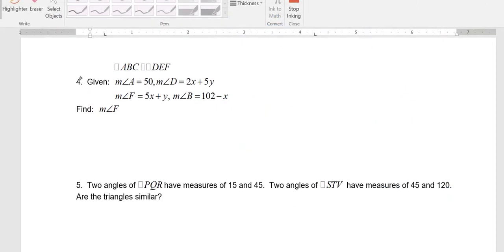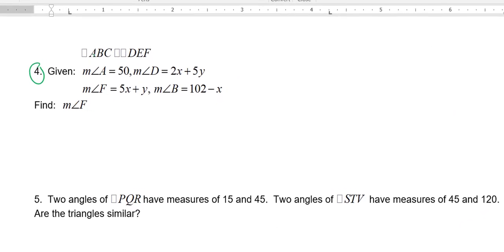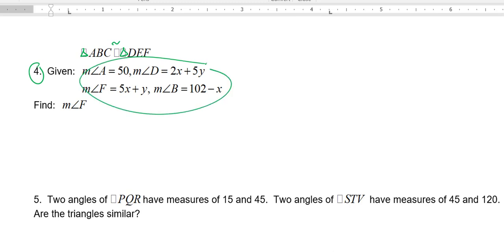Okay, so on the next page here, let's take a look at number 4. Triangle ABC is similar to triangle DEF. And I've got a bunch of stuff going on here. And hopefully you can see that I have X's and Y's. So I'm probably looking at solving a system of 2 equations since I have 2 variables. 2 variables, 2 equations, 3 variables, 3 equations, 1 variable, 1 equation I need.